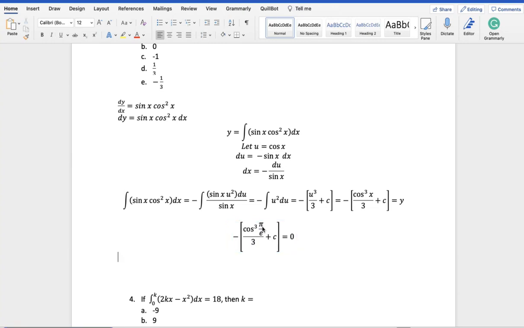So now, what is the cosine of pi over 2?